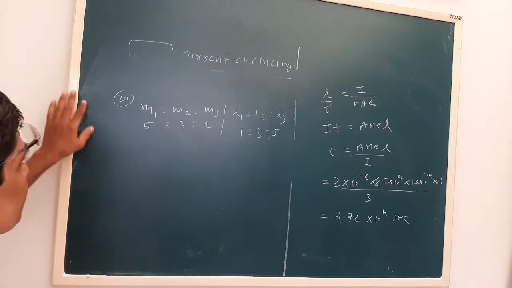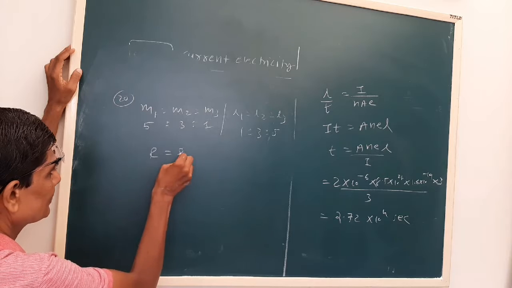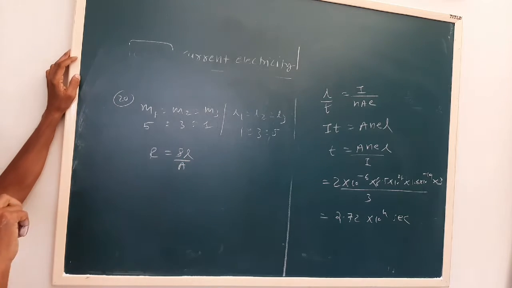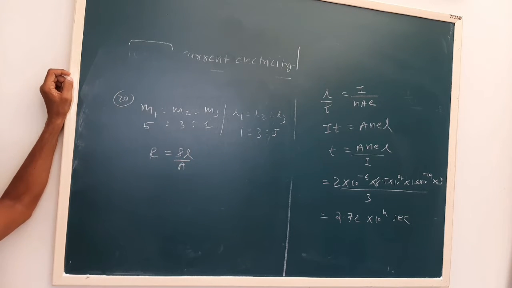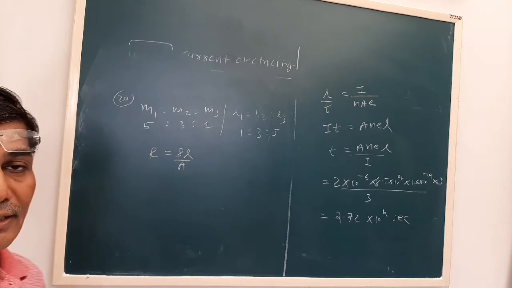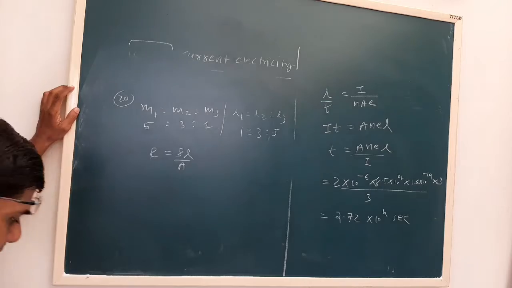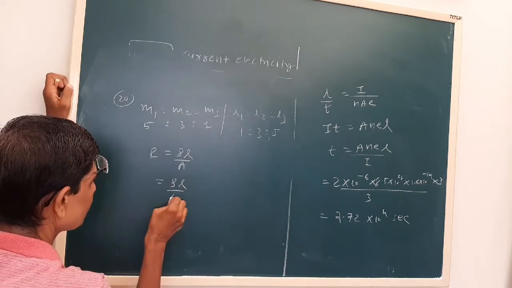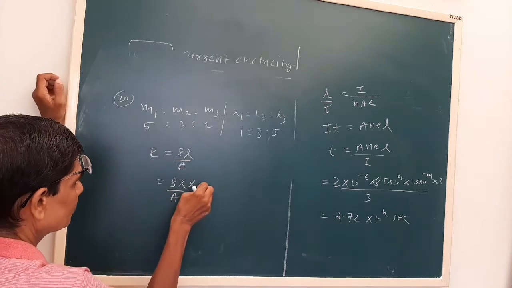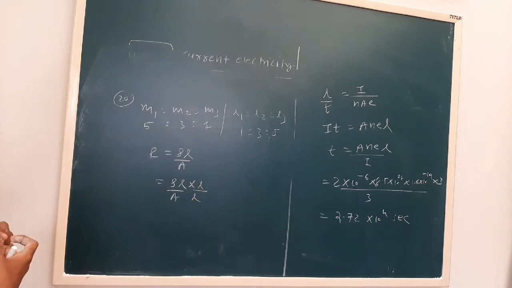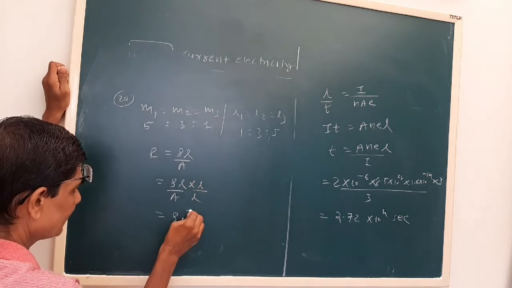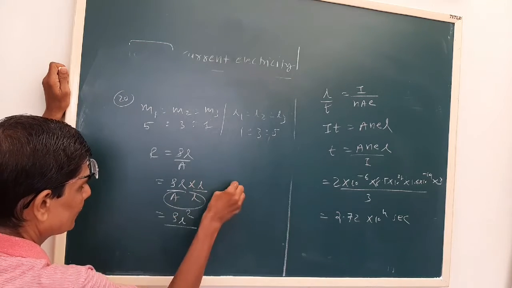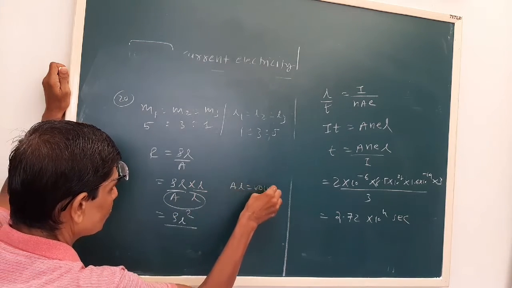Now, see the formula of resistance: R is equal to rho L by A. Here we have to obtain the value of the resistance in terms of length and mass. So what I do is multiply by length on both numerator and denominator. So it will be rho L square upon area into length, which is volume.